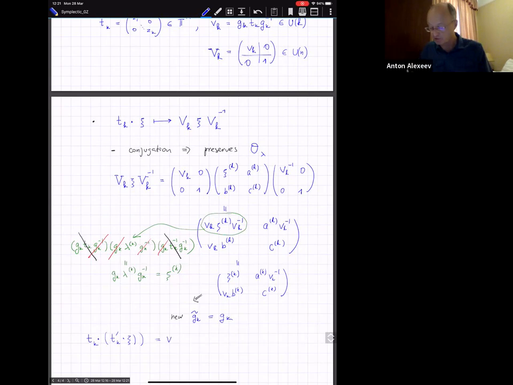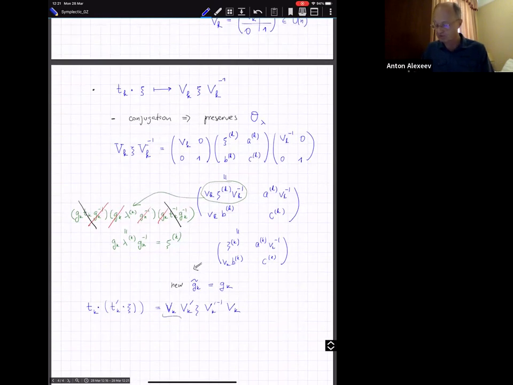So this is a conjugation with, no, the other way around, with Vk, Vk prime, psi. But what is this? This is Vk, Vk prime, 0, 1, 0.